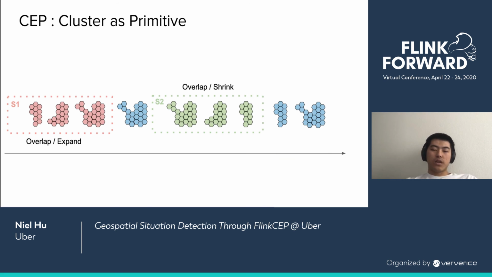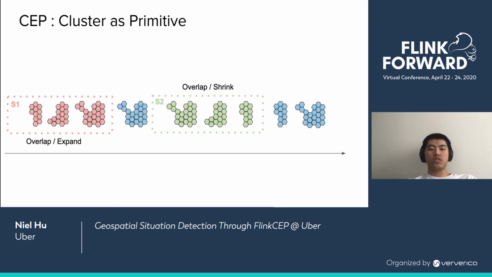Our use case is special compared to traditional CEP applications because we use a cluster as a primitive event. The reason is that we want to build situations on top of this cluster primitive. Here, a simple example is to use CEP to detect and merge overlapping clusters into one. In this picture, different colors indicate the cluster is generated by different types of events, and the x-axis is the time dimension.